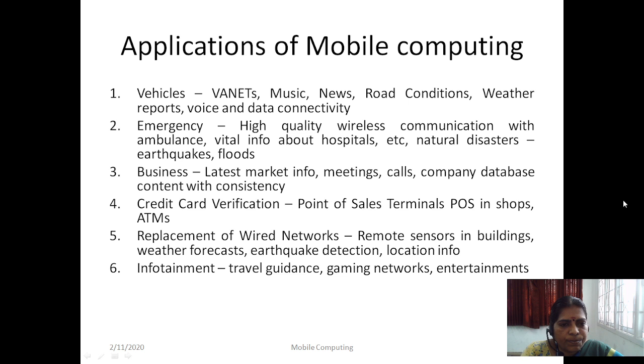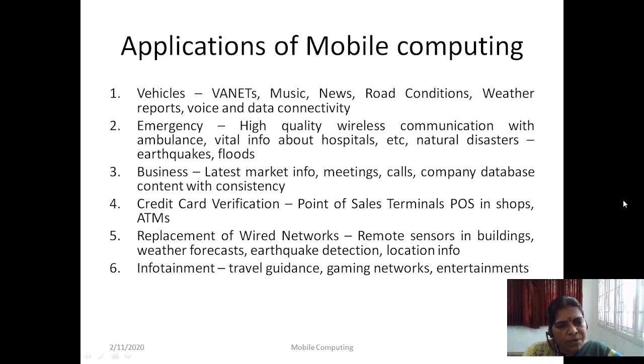Coming to business, online meetings are very usual nowadays. It starts from small student groups to conferences and business people. We use mobiles to have meetings and calls with different kinds of people.